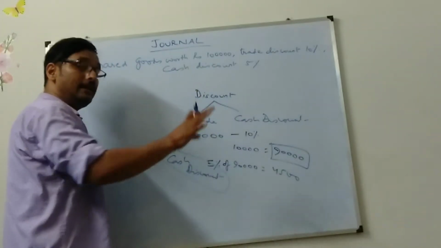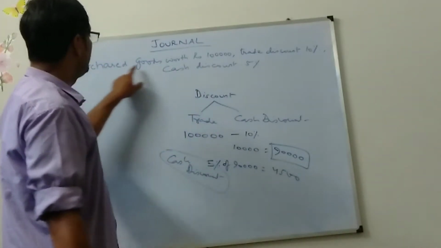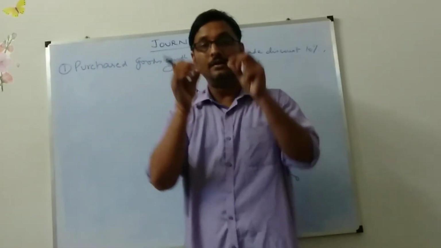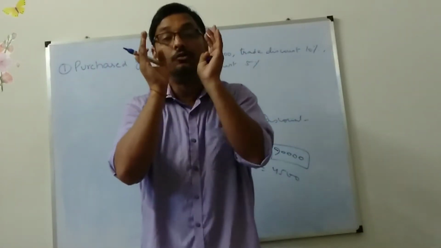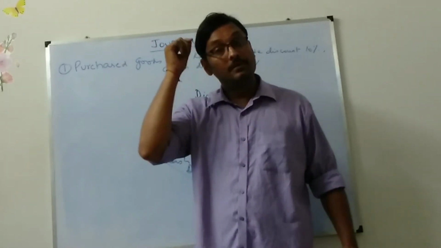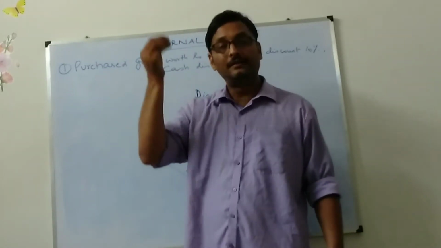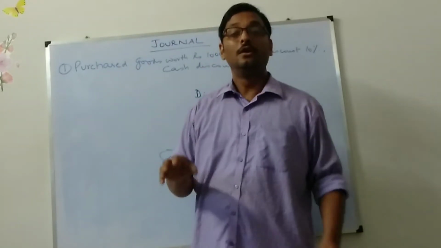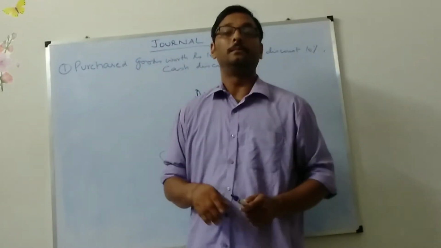So what are the things you need to write? Purchased goods. I told you in my previous video, the moment you see the word goods, it has to go into your mind that this is your traded item, the thing you are dealing in.